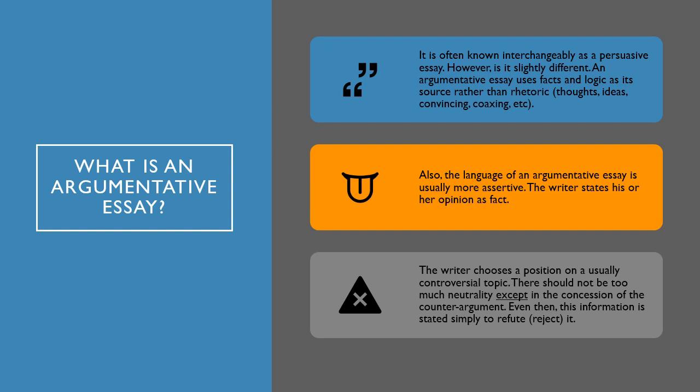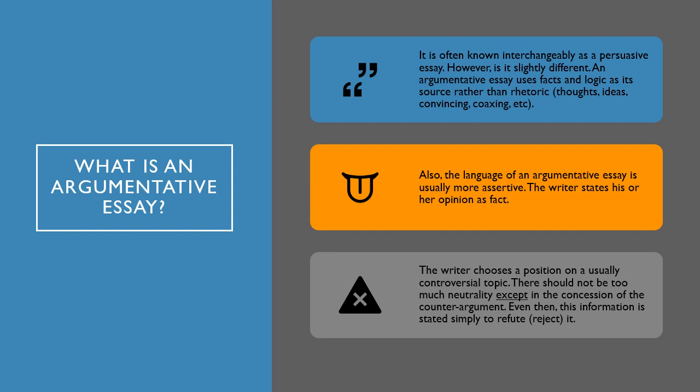Okay? The only neutrality that you should ever present in your essay should be in the counterargument paragraph. And I will talk about the counterargument in more detail a little bit later. This is when you present the opposition's opinion, where you actually agree in some part with your opposition, and then afterwards you refute it.